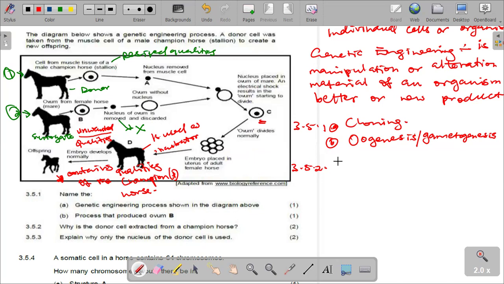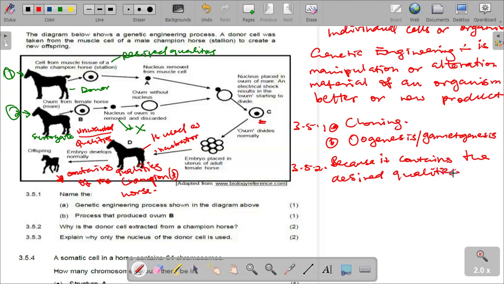The answer for 3.5.2 is: because it contains the desired characteristics, the desired qualities.